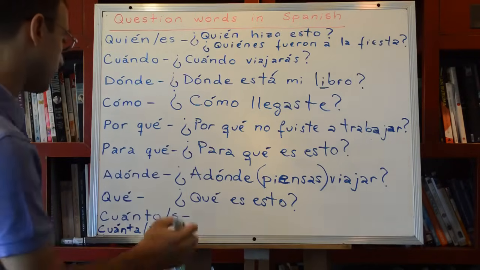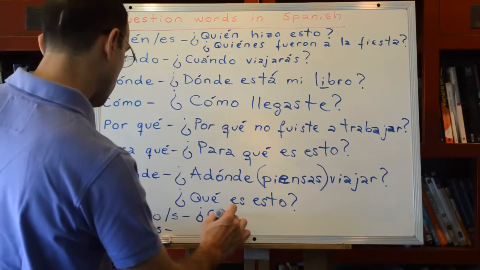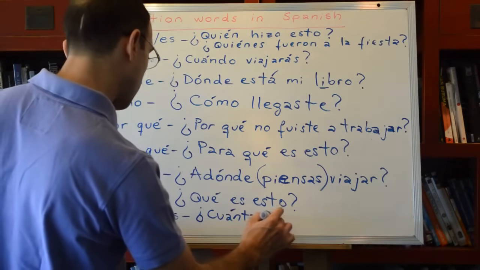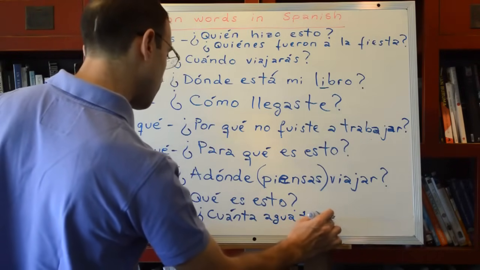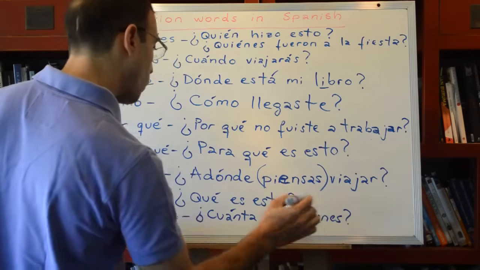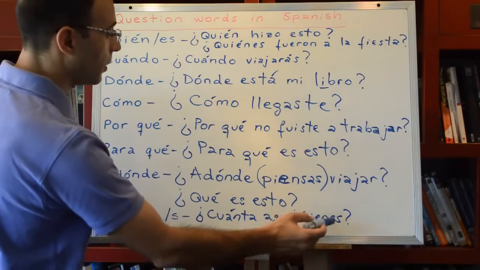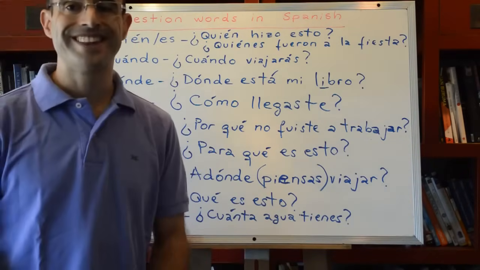Example. ¿Cuánta agua tienes? How much water do you have? Tienes is the verb tener.